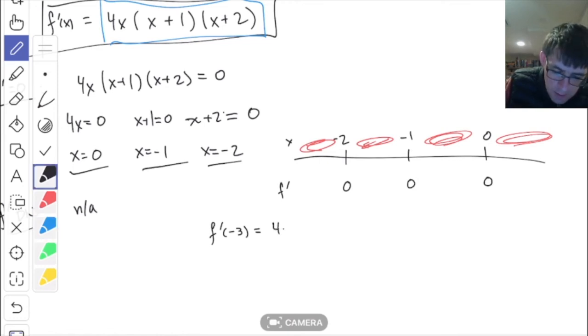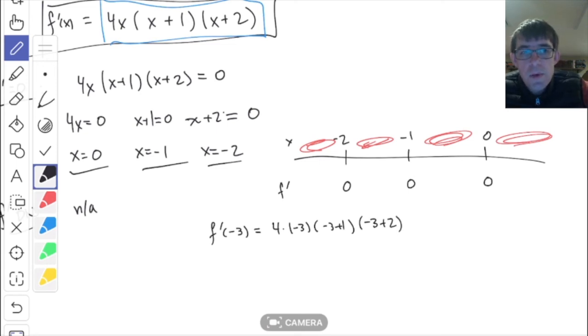4 times -3 times -3 plus 1 times -3 plus 2. Now, I don't actually care what the number is. I just care, is it positive or negative? And when you have things multiplied together, you can think of this in terms of products of positives and negatives. Like this one is a positive, that's a negative. This is a negative, right? -3 plus 1 is -2. And then -3 plus 2 is also negative.